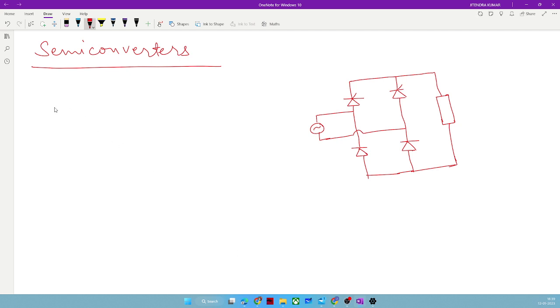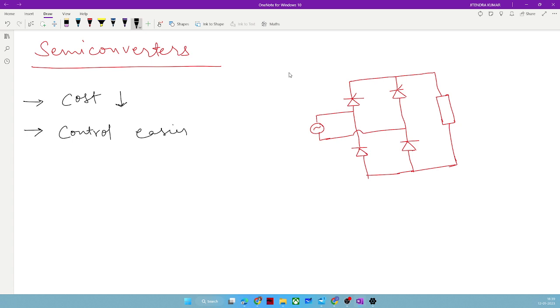So if you compare it with a full bridge controlled rectifier, the first advantage you will get is cost reduction. Second, control is easier. Okay, fine.